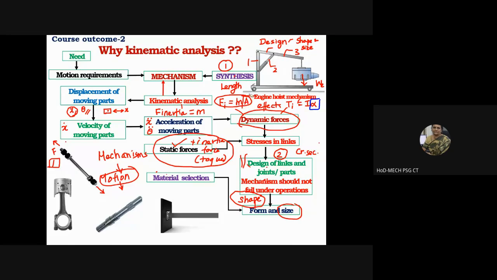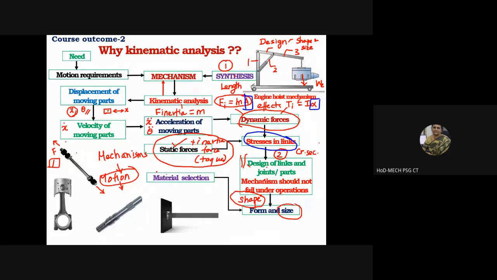Inertia forces require a knowledge of the linear acceleration of different points on the links and the angular acceleration of rotary links. All of these will have to be included in the dynamic forces to find out what? The stresses in various links. Once you know the total force acting on a link, then you can find out the stress.